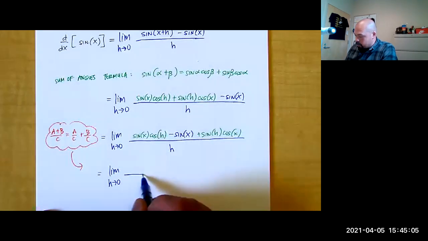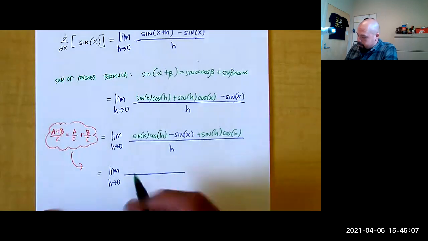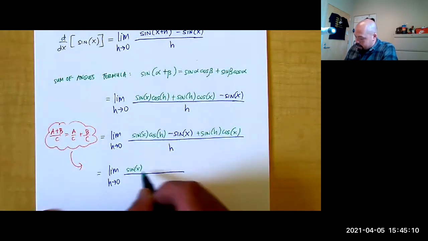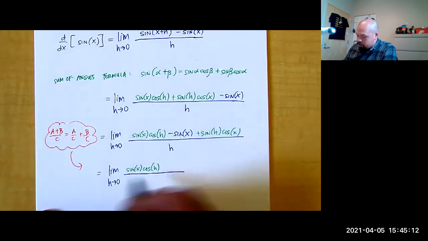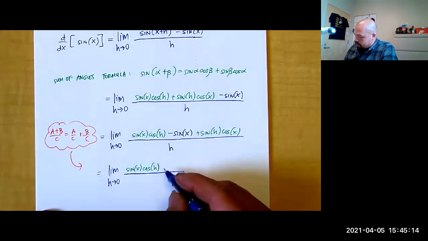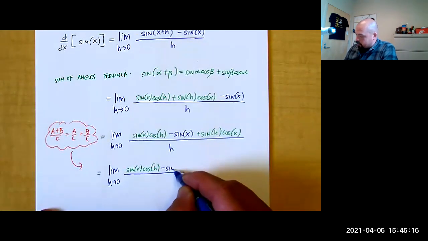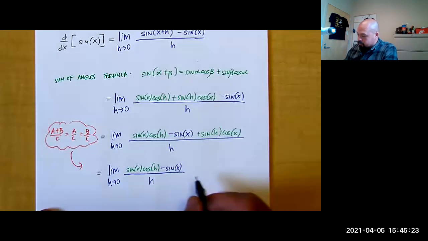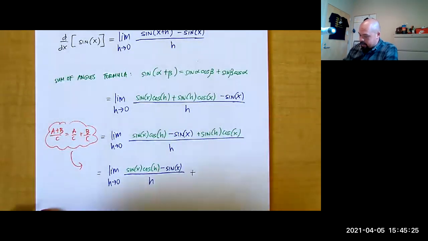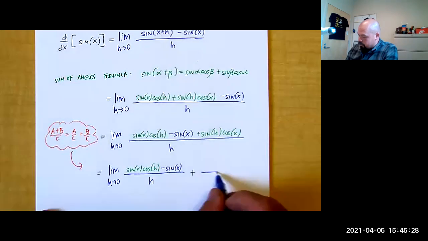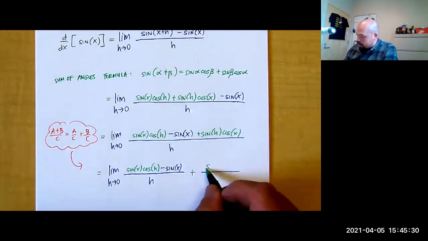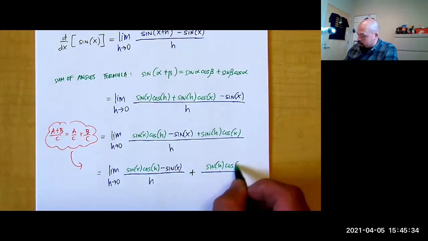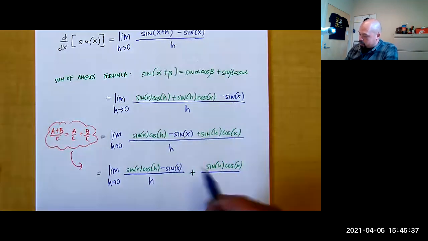For this pair, sine x cosine h minus sine of x all over h, then to that I'm going to add this piece, plus sine of h cosine of x all over just h.